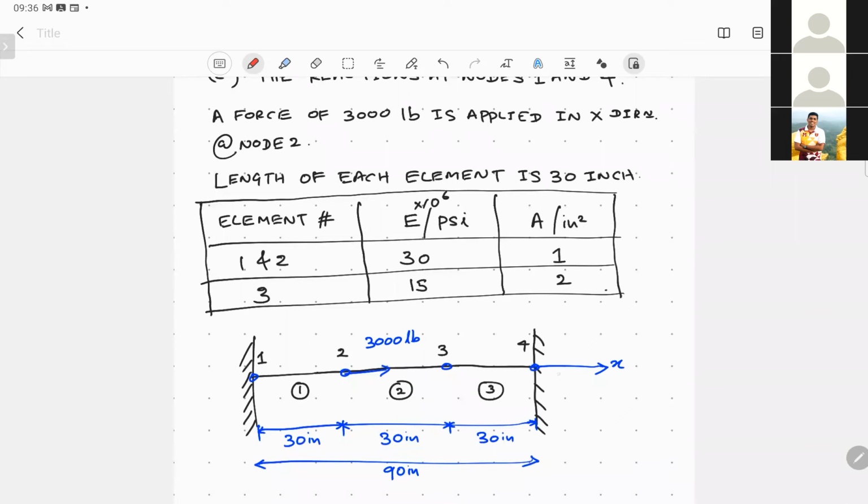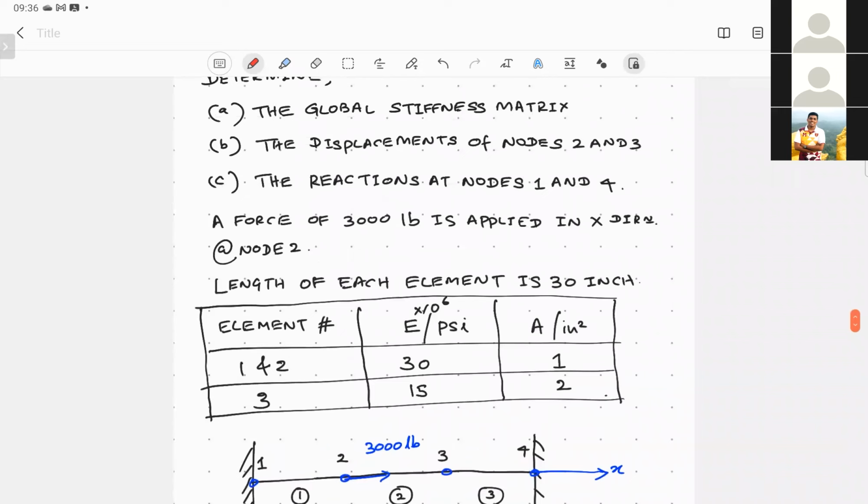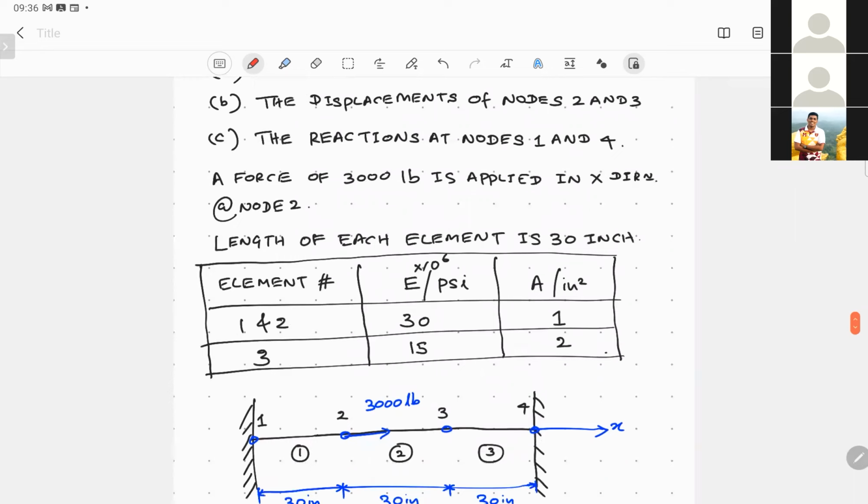Node 1 and node 4, the both ends, are connected to fixed supports, and node 2 is subjected to an external force of 3,000 pounds. Each bar element has an initial length of 30 inches. In total, the structure has a length of 90 inches, and the material properties of elements 1, 2, and 3 are given in this table.